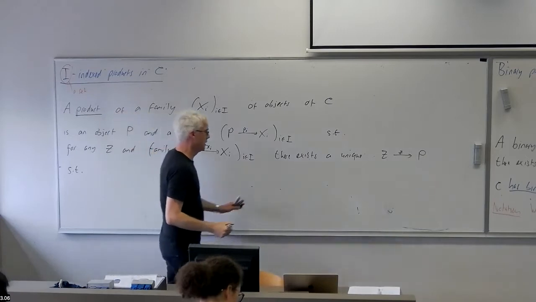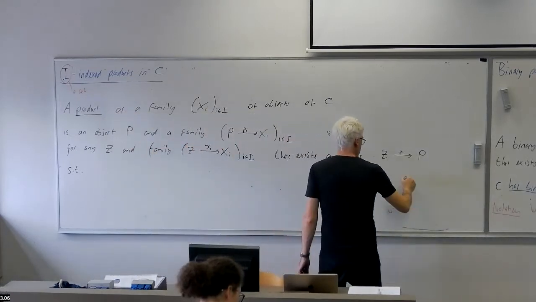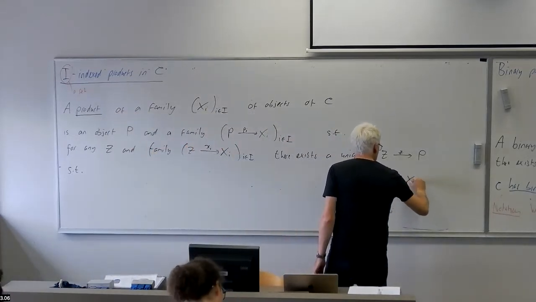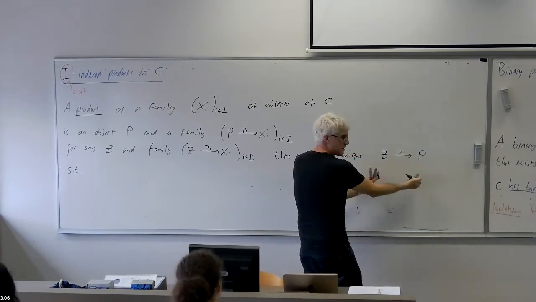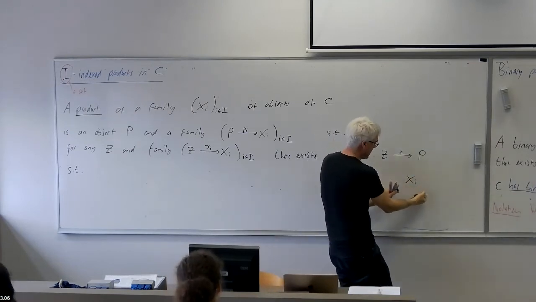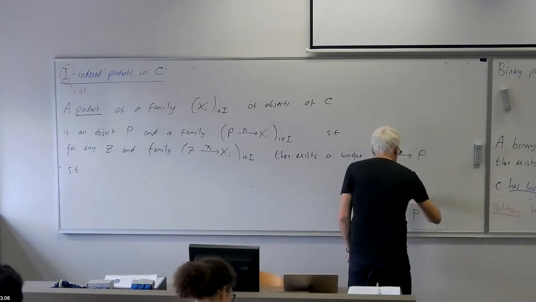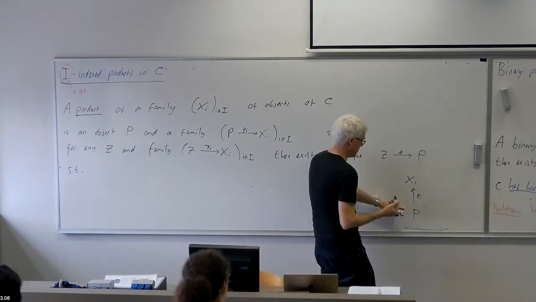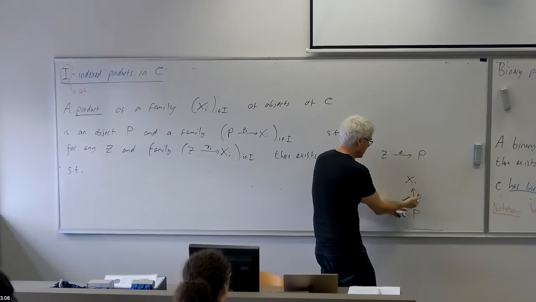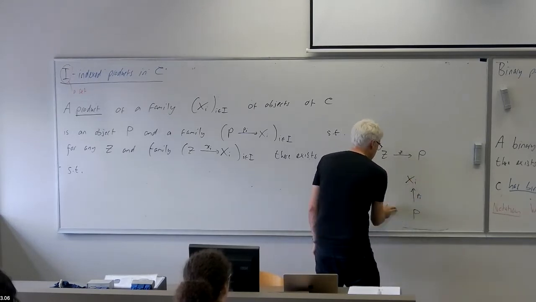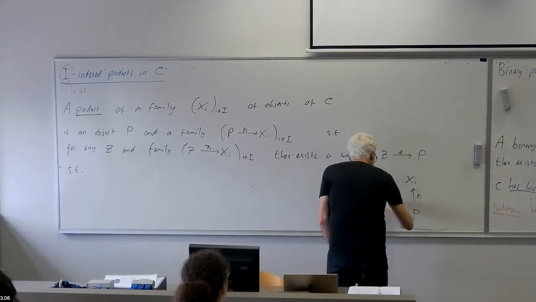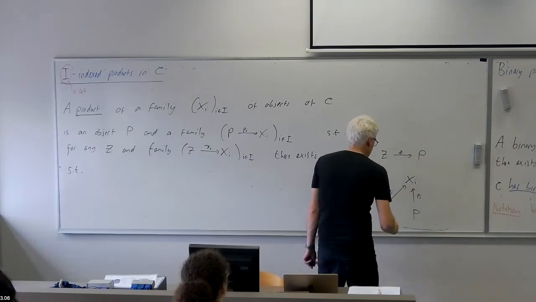Well, maybe it helps to have a picture. So we've got our objects X sub i, one for each index i in the diagram. For every X sub i, we've got a map little p sub i, which is in the limit cone, the product cone. We've got the other cone, which is an object Z together with maps little x sub i.